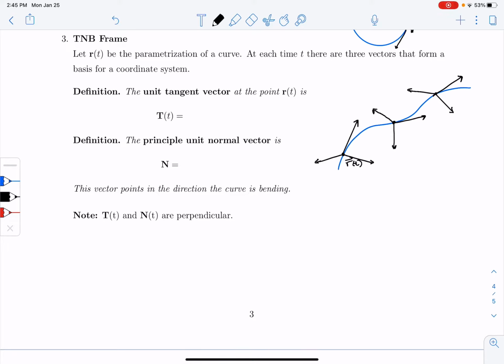So we're going to start with the definition that we already know. The unit tangent vector at a point r(t) is going to be the derivative of r(t) divided by the length of the derivative.